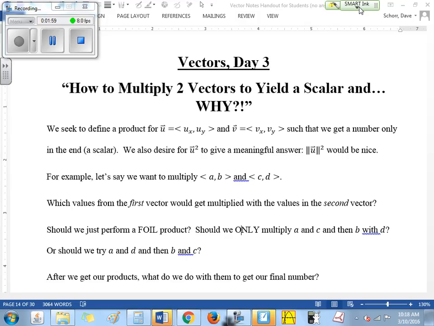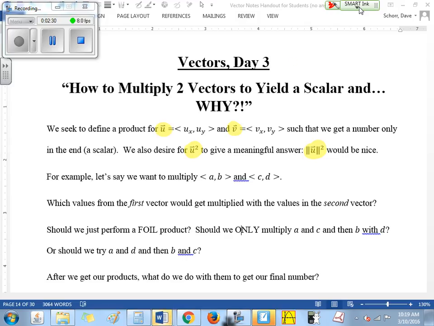Okay, we are seeking to define a product, u times v, and we would like it to give us a number in the end. We also would desire for u squared, that would mean u times u, to be some meaningful answer. It would be really nice if we could get u times u to give us the square of the magnitude.